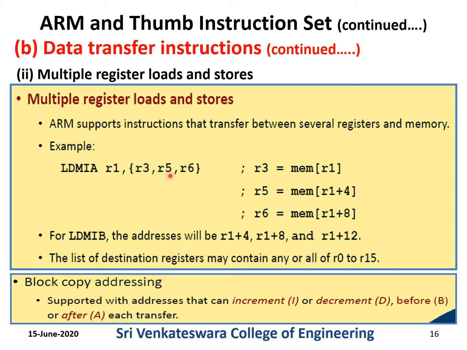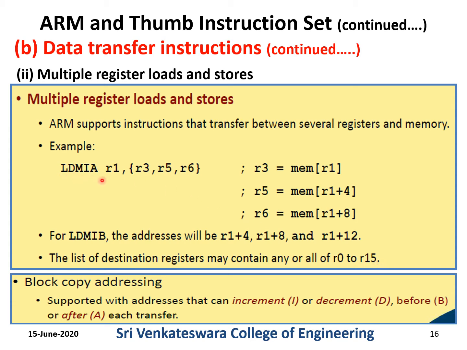Now the destination registers present here can also be mentioned consecutively. Suppose we want to load 4 registers R3, R4, R5 and R6, we can directly give R3-R6. All the registers from R0 to R15 can be used as a destination register.